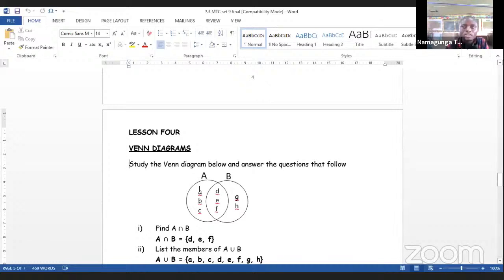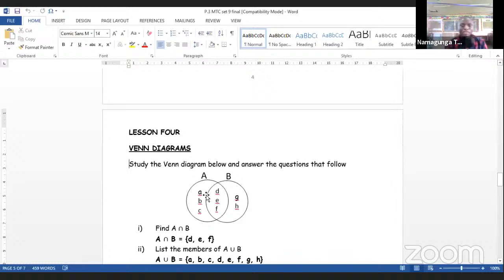They have given us here this Venn diagram. Nalugwa Ann. Yes, teacher. Are you able to see our diagram clearly?